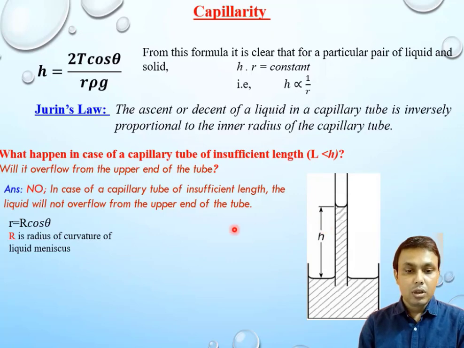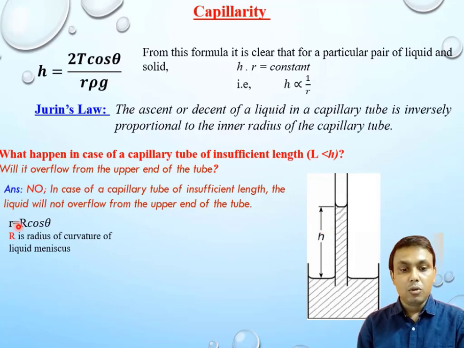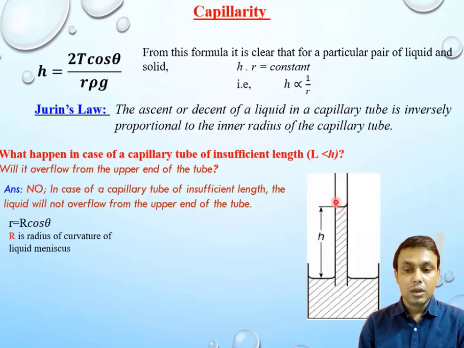It can be shown that small r equal to capital R cos theta. Small r is the inner radius of the tube and capital R is the radius of curvature of this liquid meniscus. অর্থাৎ জলের উপরিতলটা আমরা দেখতে পাচ্ছি এটা ফ্ল্যাট নয়, it is curved.